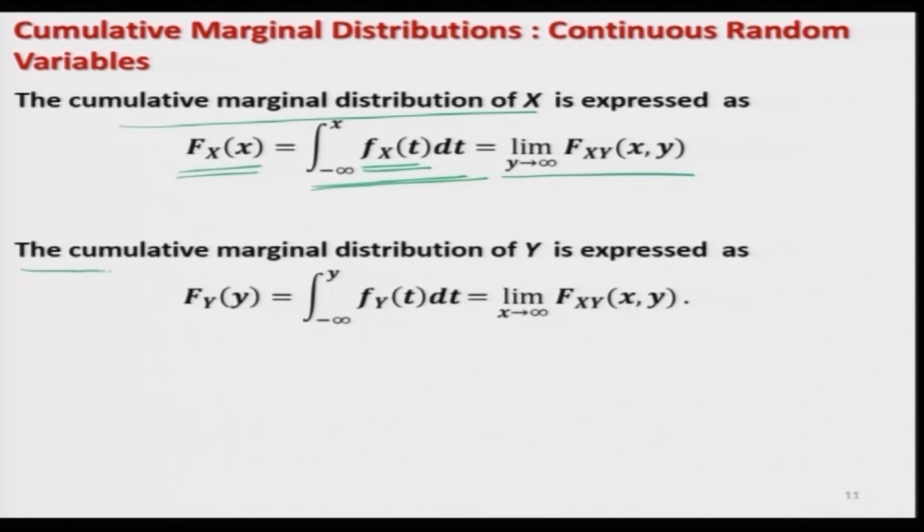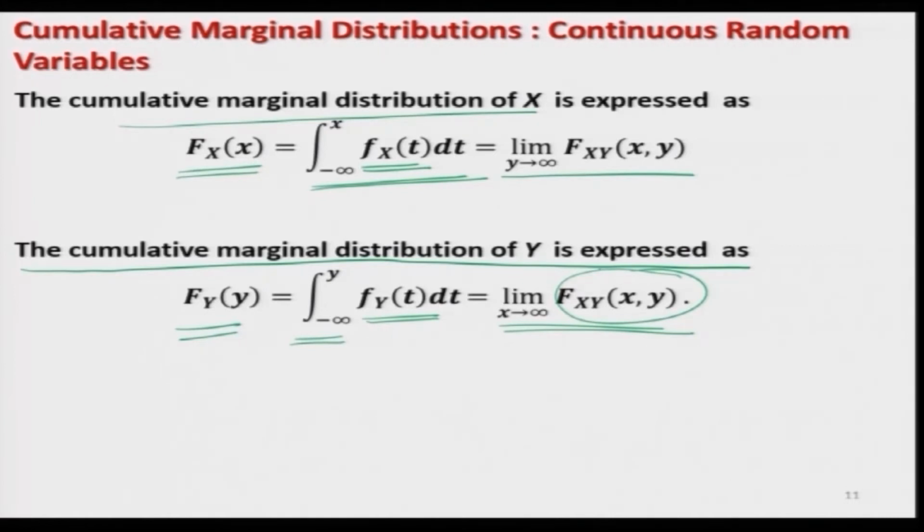Similarly, you can define the cumulative marginal distribution of y as F_Y(y), where the integration is over the range from minus infinity to y of the marginal PDF of y with respect to t, and this is the same as the limit as x tends to infinity of F(x,y), which is the joint CDF.